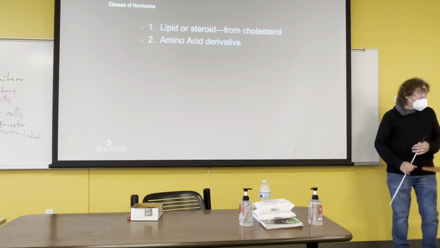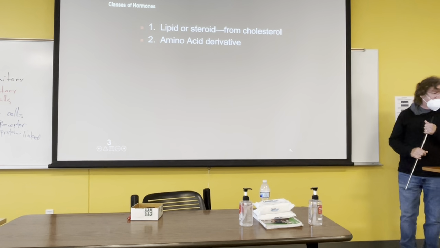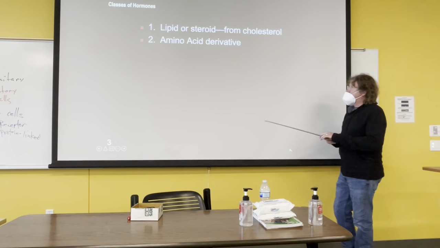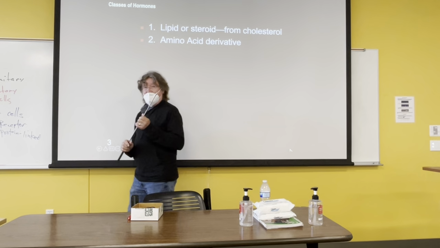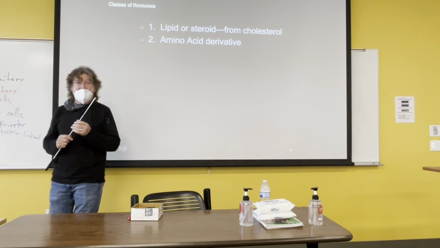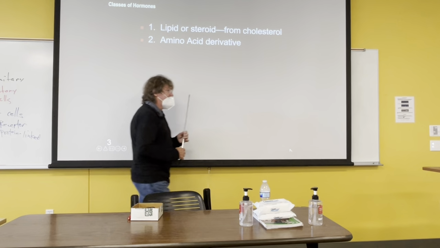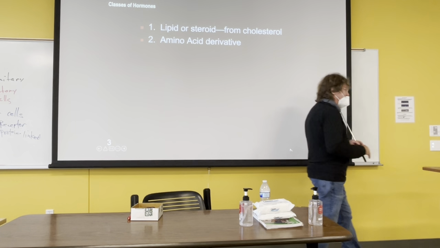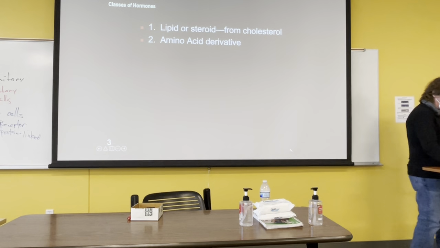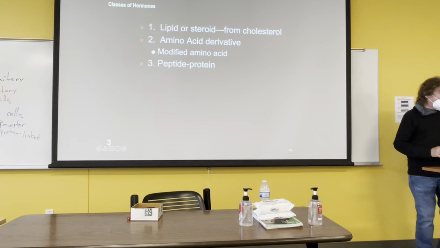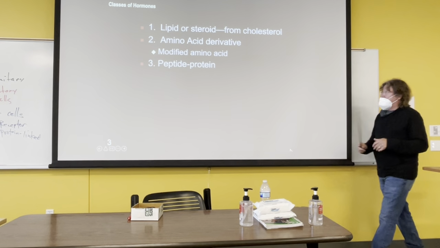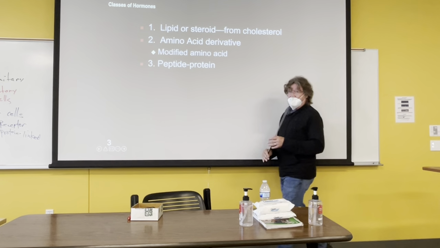And some of these hormones are amino acid derivatives, most of which are polar, but not all of them. There's some of them that are non-polar, okay, so that they would operate in a different way than the polar types of hormones. So when I say an amino acid derivative, it is a modified amino acid, or it is an amino acid, okay?